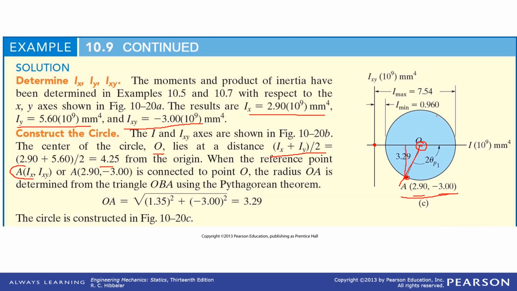Point A, and they used Ix, they didn't use Iy. The convention, a lot of books will put this point as Ix in the x-axis direction and Ixy up, and then Iy down at the bottom. Now, of course, if you get them flipped, if Ix is less than Iy, you'll just have 2 points like this instead.